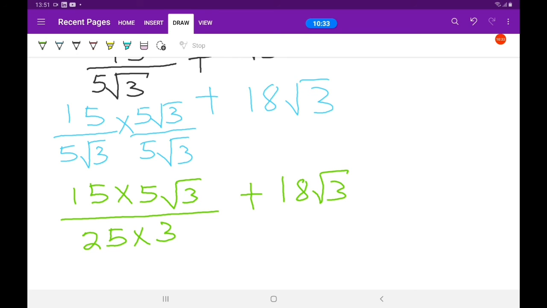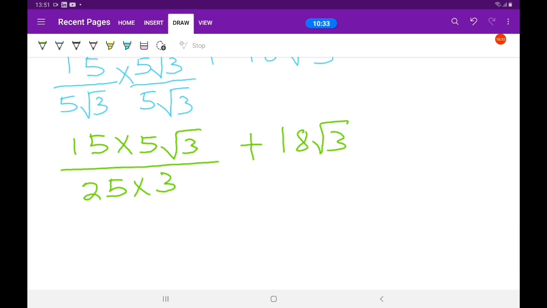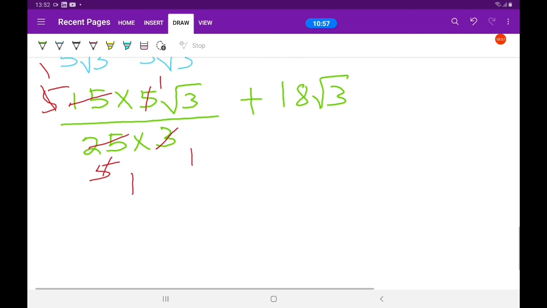We can therefore cancel here. So let's see that briefly. If I cancel here, 5 here 1, 5 here 5. Good. I can also cancel here, 3 here 1, 3 here 5. 5 here 1, 5 here 1. So what do we have?